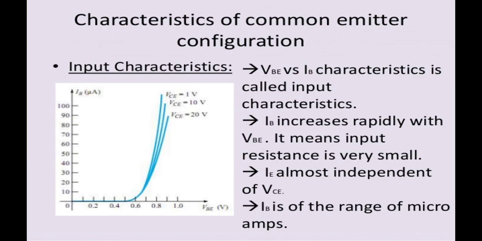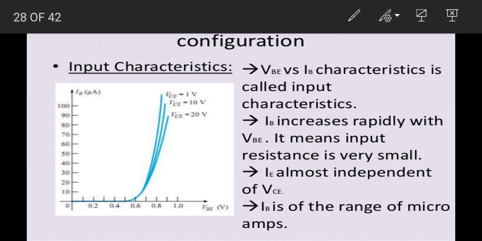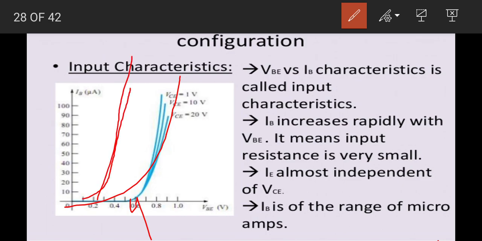At the value of 0.7, the current rapidly increases at this point. If the material is germanium, then its cutoff region starts from 0.3. See, IB increases rapidly with VBE, which means input resistance is very small.